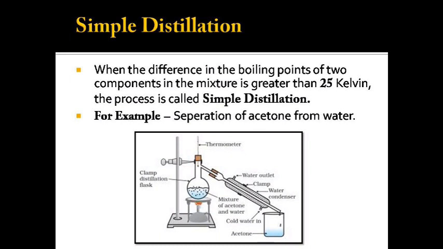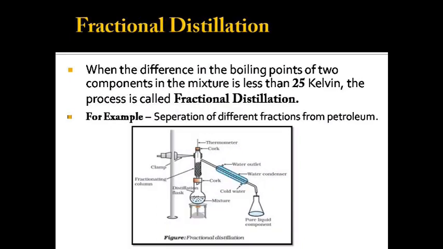Now the second one is fractional distillation. When the difference in the boiling points of the two components in the mixture is less than 25 Kelvin, the process is called fractional distillation. For example, if we want to separate the different fractions from petroleum, that is diesel, petrol, crude oil, all these we have to get.